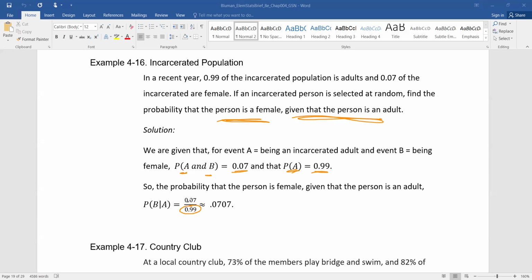So the probability of selecting a female that happens to be an adult would be 0.07 divided by 0.99, which comes out to 0.0707. So you're looking for the probability of event B happening given A: whatever the event A is becomes the new total on the bottom, and then you just find the probability of both B and A happening, and that will go on top.